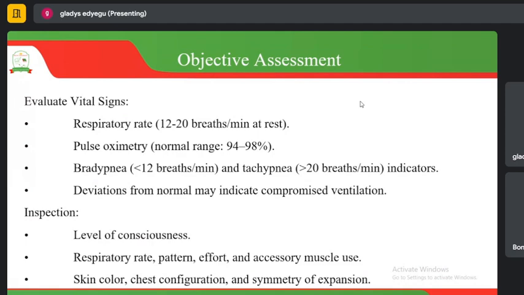You can look at the effort, whether your patient is laboring in breathing or having normal breathing, how much the patient is struggling to breathe, and the use of accessory muscles for breathing. As the patient is breathing, you can inspect and see what is happening in relation to respiration.